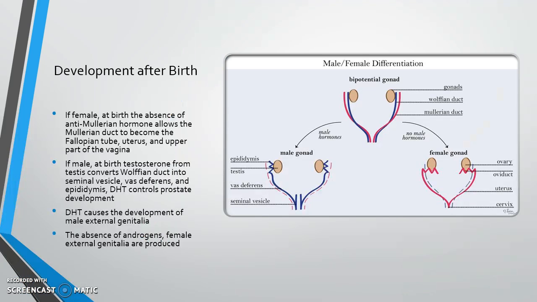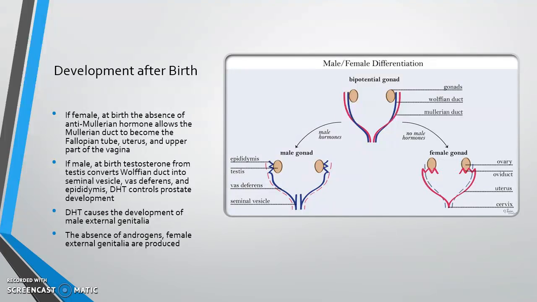Now, once birth is close to occurring, if it's a female, at birth, the absence of anti-Mullerian hormone allows the Mullerian duct to become the fallopian tube, again, the uterus and the upper part of the vagina, so more of a summary of what's occurring at this point as well.